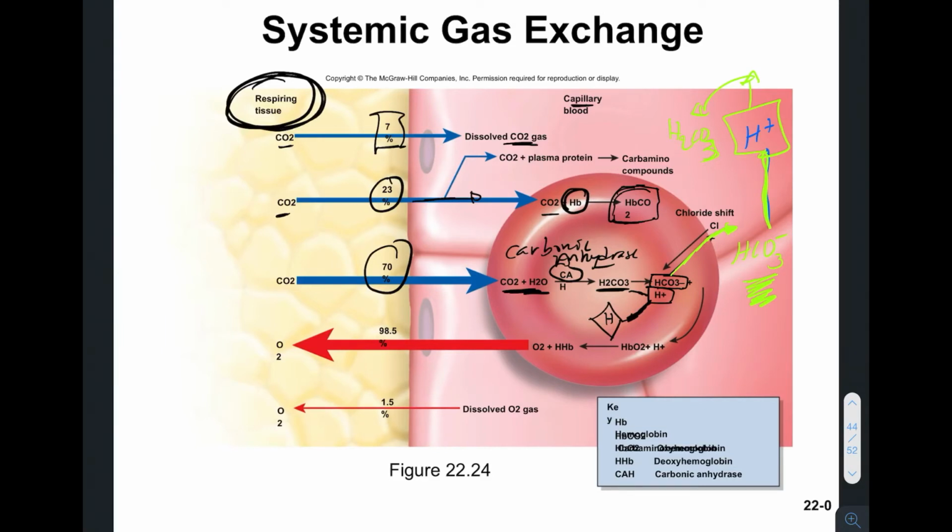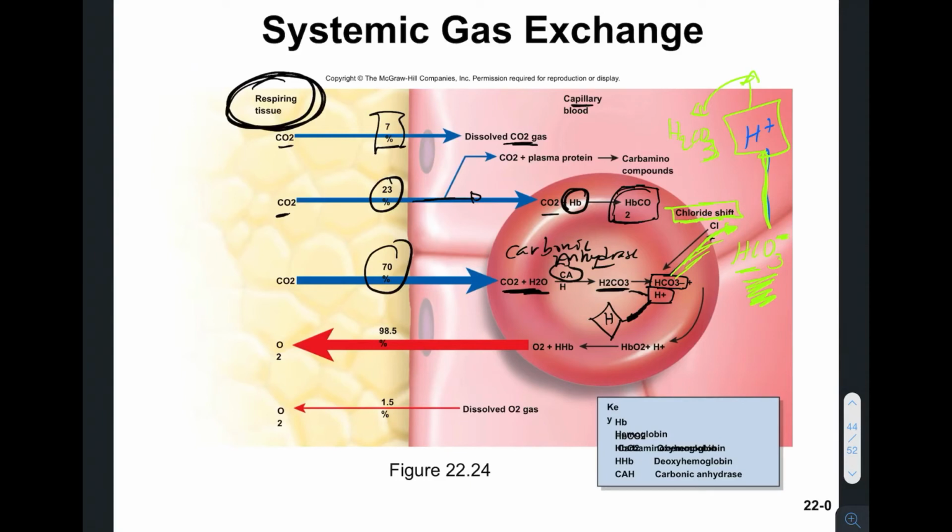Now, why do we have this chloride shift over here? Notice that bicarb is negatively charged, which means that if we keep throwing out something negative, we need to replace that outward flow of negative with an inward flow of something negative. And so what we do is we basically exchange chloride, which is negatively charged, for the bicarb, and that's known as the chloride shift.